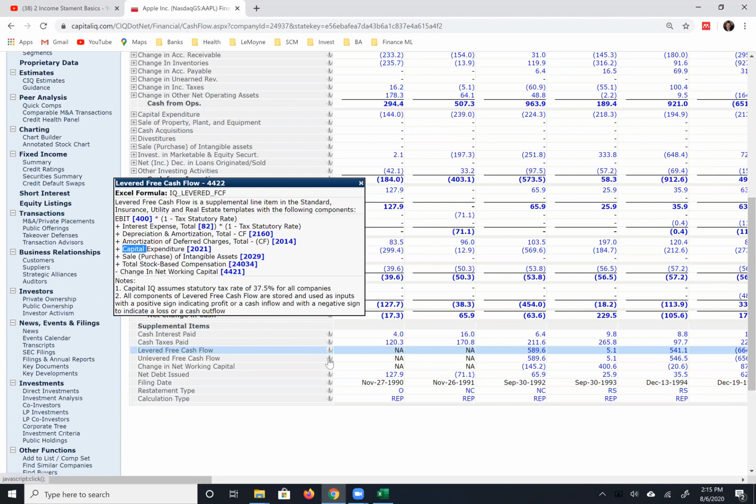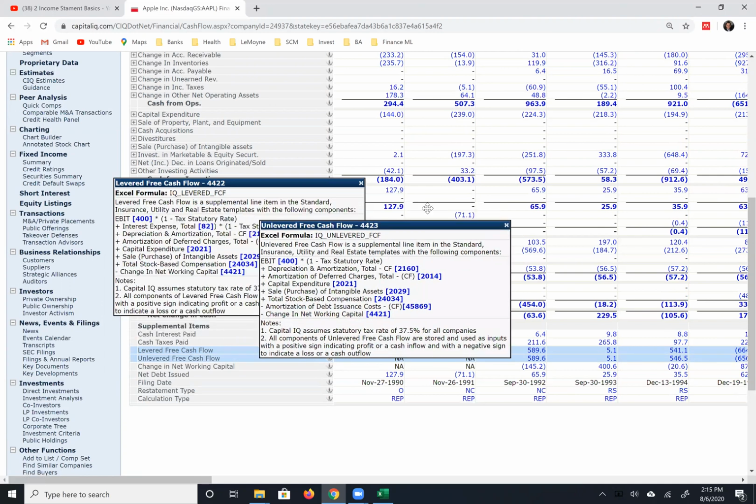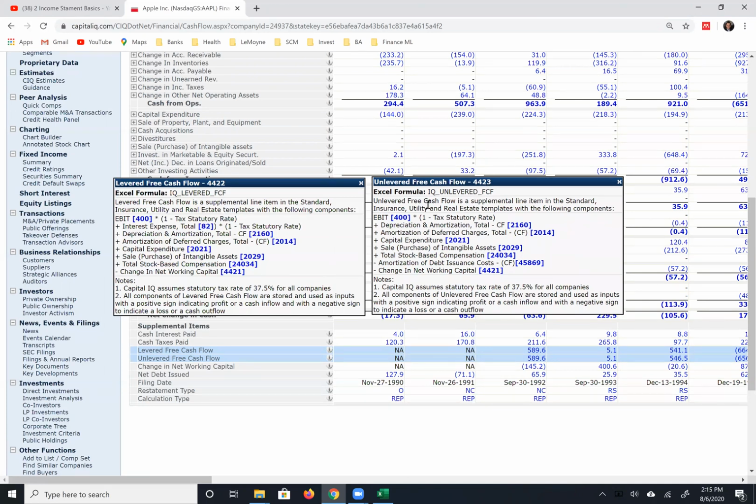If you look at unlevered free cash flow, I can put it right next to the other, and you can see that here there is no interest tax shield effect, right? Here you can see the tax shield effect of interest, versus here you don't have that benefit.